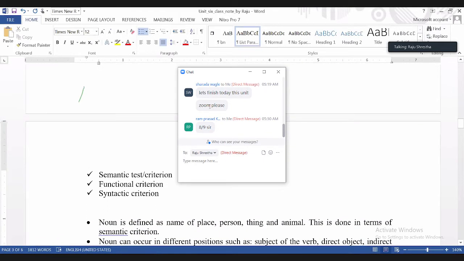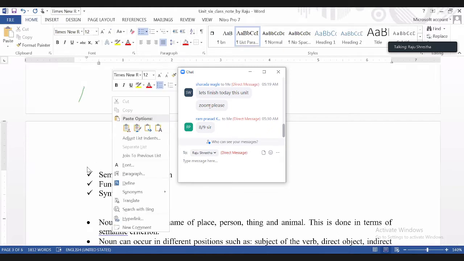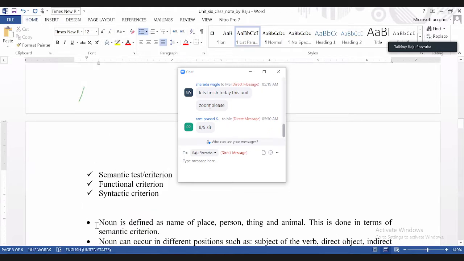जस्तै noun लाई हेर्यो भने noun is name of place, person, thing, and animal भन्यो भने this is what? यो कुन क्राइटेरियाबाट आउँछ? So this is done in terms of what? Semantic, अर्थको हिसाबले semantic criterion हो यो. Semantic criterion ले के भन्यो भने noun is name of place, person, thing, and animal.